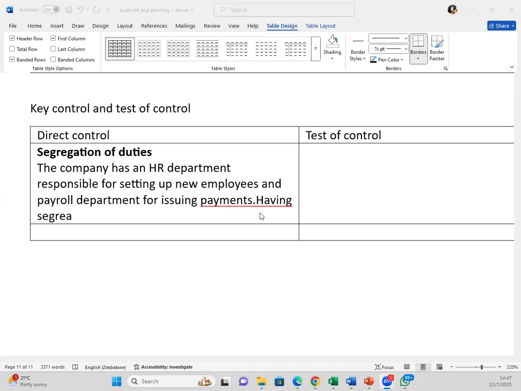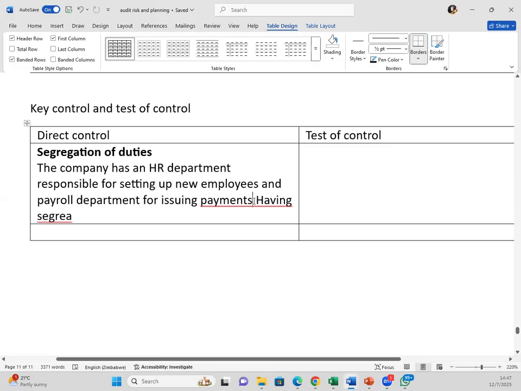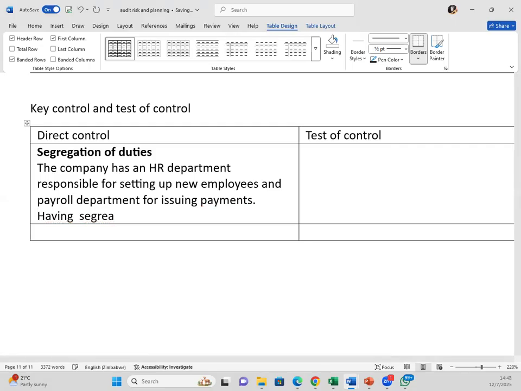So having segregation of duties, remember, if we are saying this is a key control, we need to know why you are saying it's a key control. This is the part we are now answering.